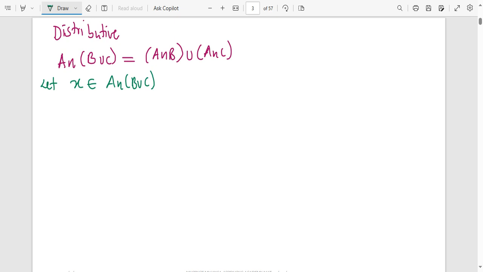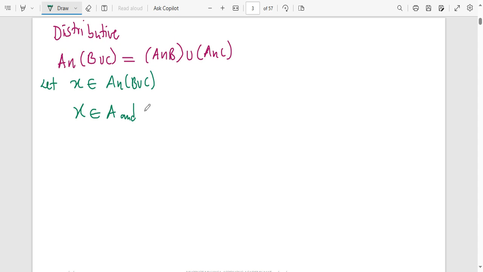Now, we know the meaning of the word, where there is intersection, so we can say X is a member of A. Where there is intersection, what word am I going to put there? And. Very good.